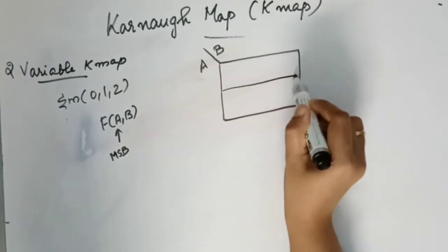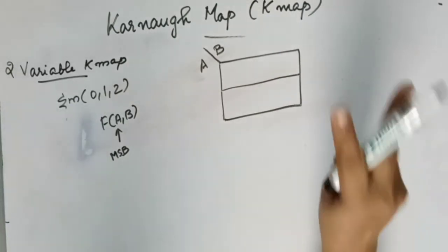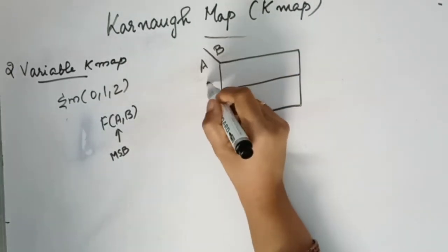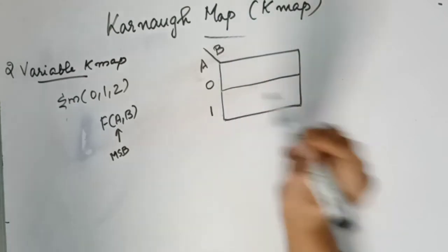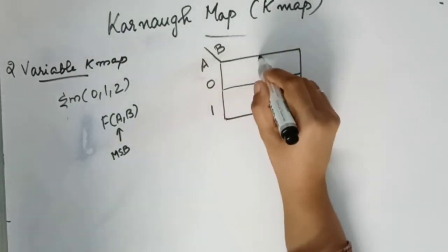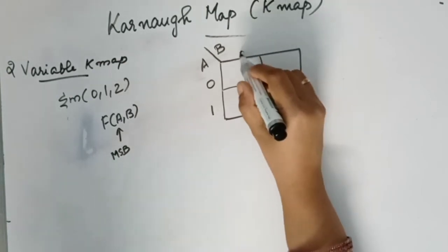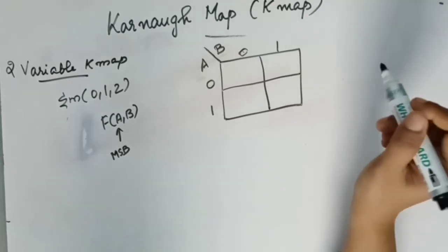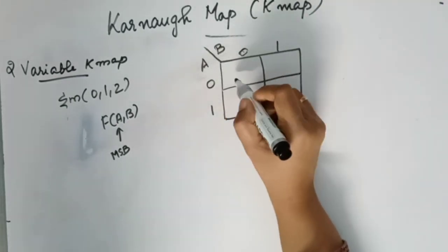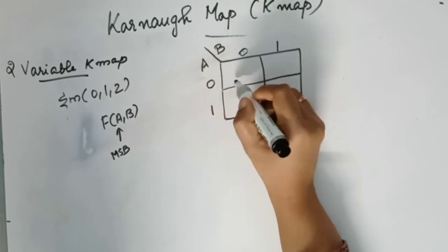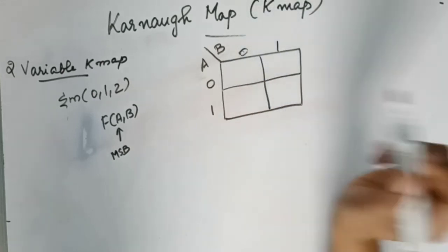You have a partition like that. So A can take only 2 values, right? One is 0 and the other is 1. And B can also take only 2 values, 0 or 1. So this particular cell has a value A equal to 0 and B equal to 0.